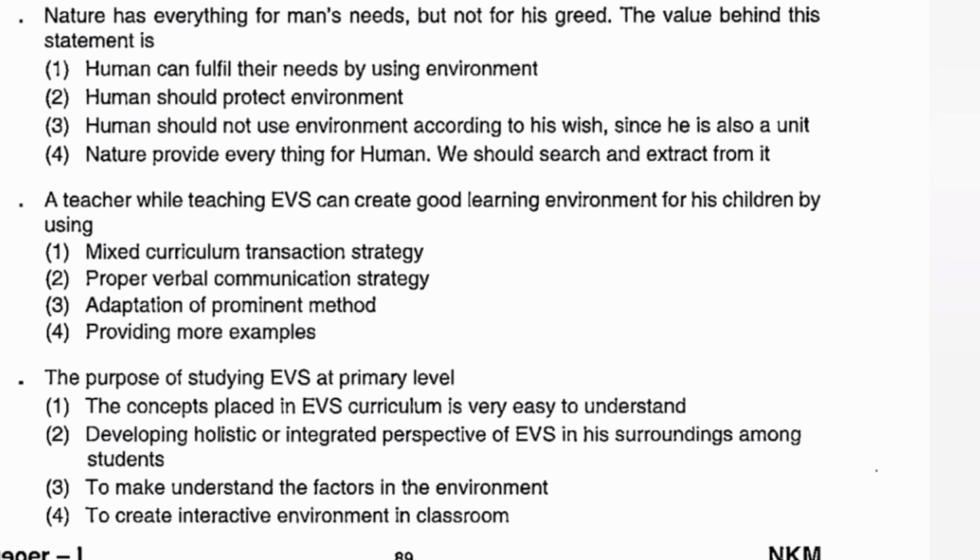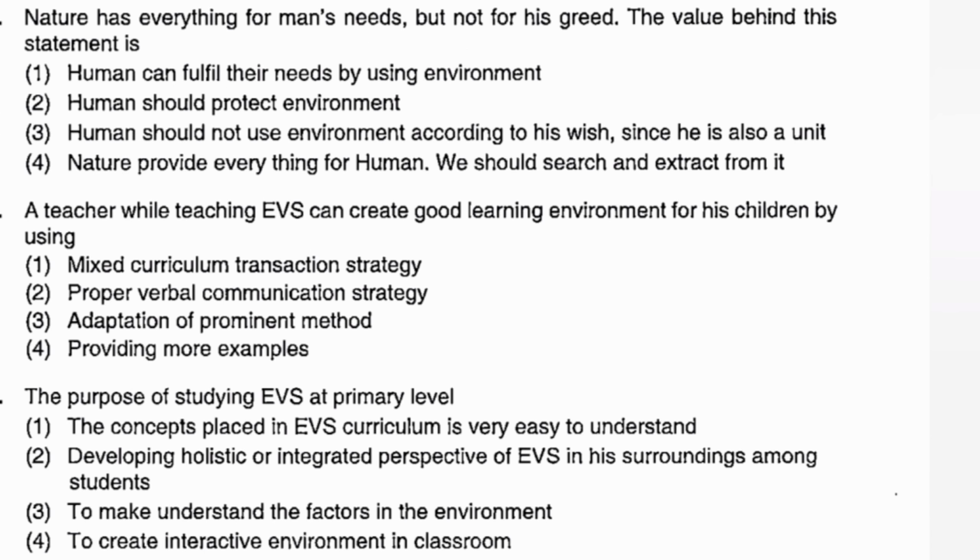Next one. Nature has everything for man's needs but not for his greed. The value behind this statement is human should not use the environment according to his wish, since he is also a unit. So option 3 is correct. Next one. A teacher while teaching EVS can create a good learning environment for children by using mixed curriculum transaction strategy.